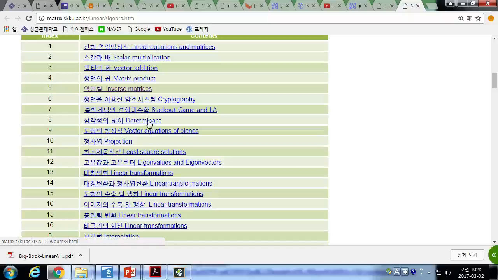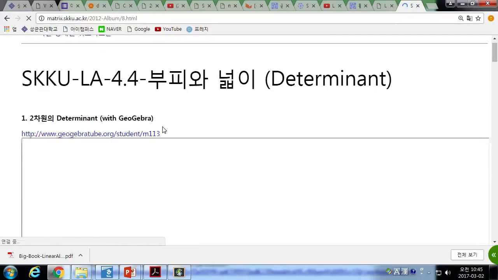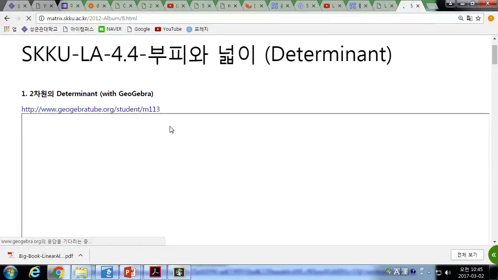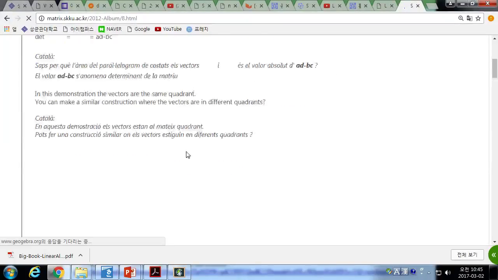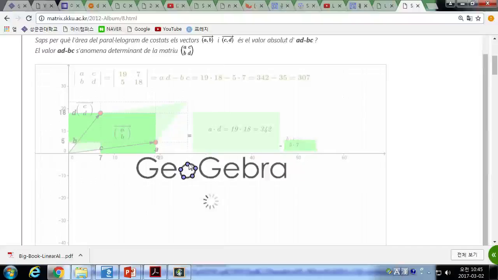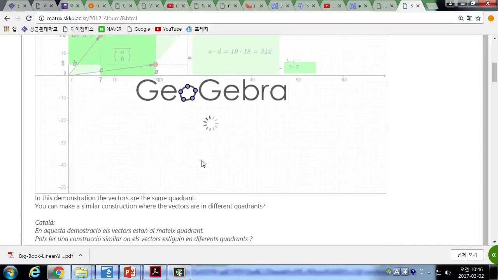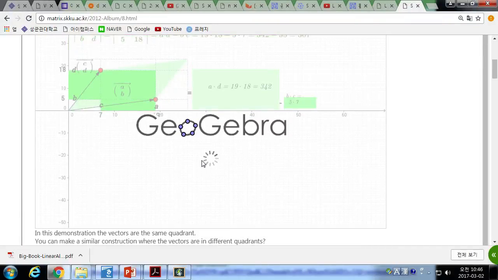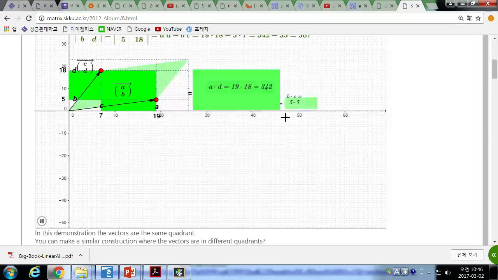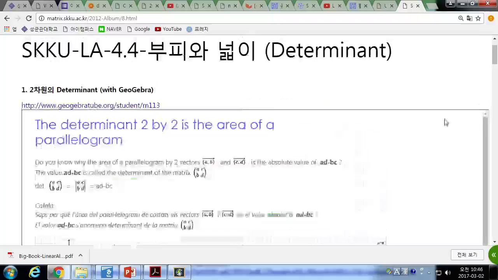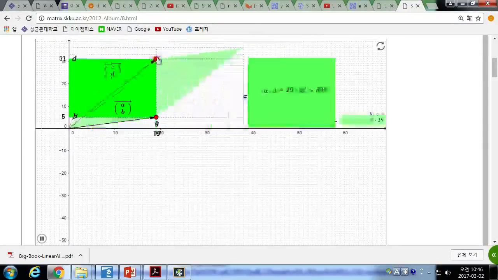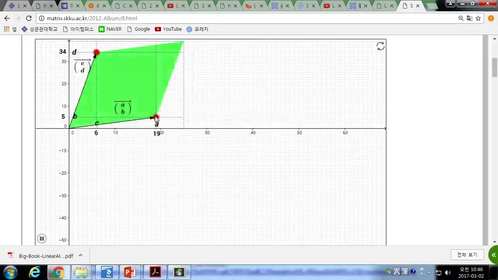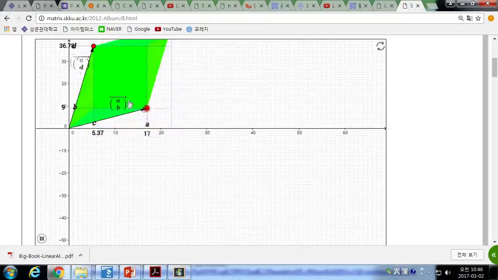For example, finding the area of a triangle can be simulated here. We made this. If you change the point, then the area varies like this.